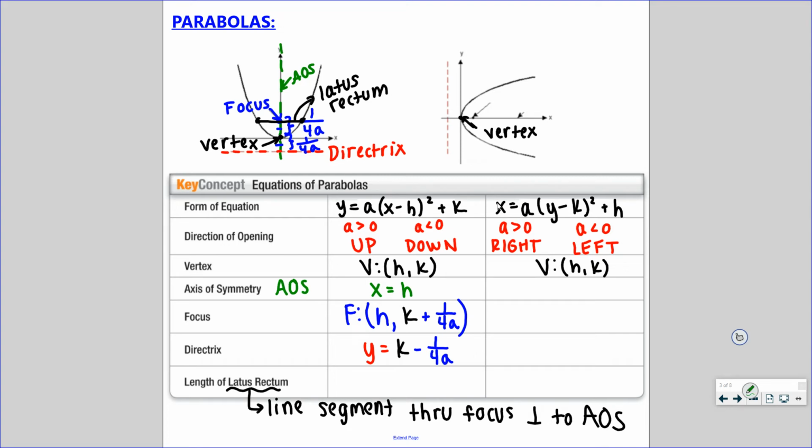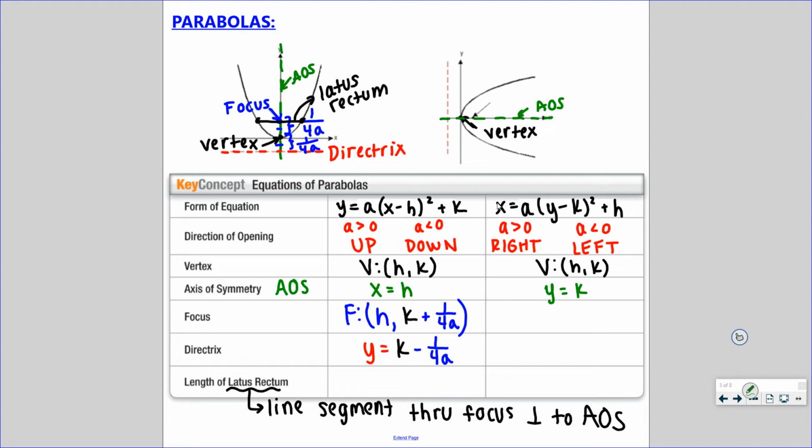It's a line that splits my parabola in half and goes through the vertex. So it's no longer a vertical line. It's a horizontal line, y equals k. Still going to go through your vertex.